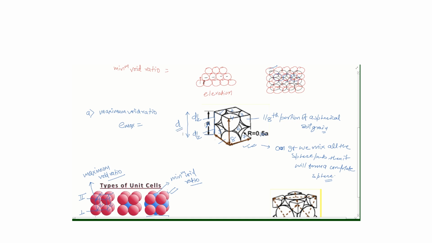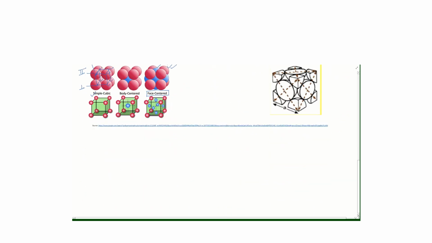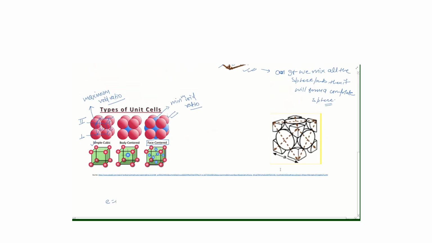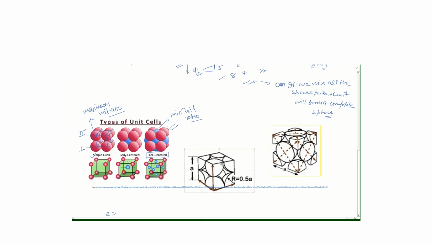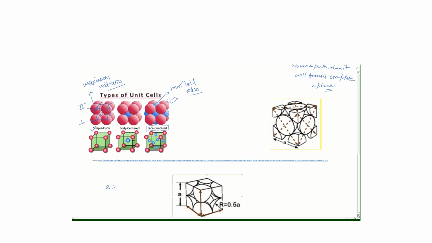So I want to determine the void ratio. For determining the void ratio, you have e equal to, I just pick this figure downward now. For e you have to determine the volume of voids by the volume of solid.